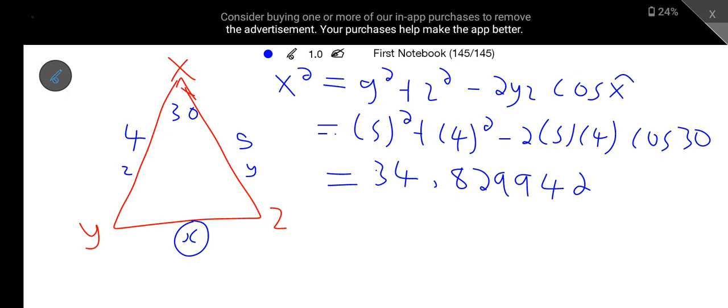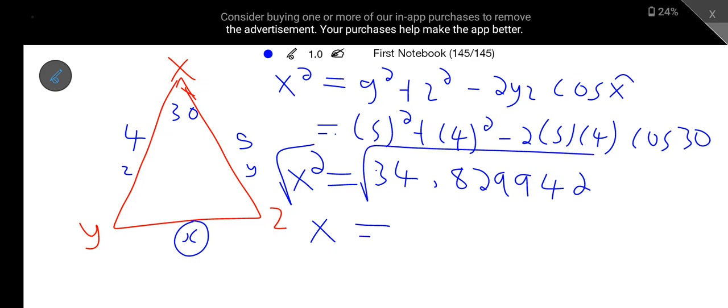Because it's not our final answer, don't round it off. To get the final answer, this is x squared, but we're looking for x, so we introduce the square root on both sides, and then x will be the square root of that answer. You'll get 5.90 units, and that is the side x.